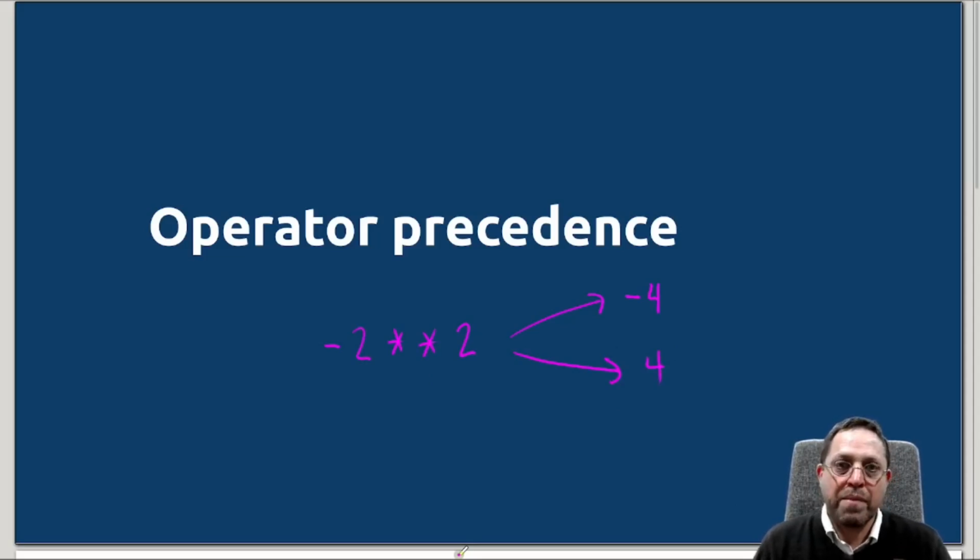You see, it makes a difference whether we evaluate the exponentiation before the negation or the negative before the exponentiation. So the order in which you evaluate the operators is called the operator precedence, and that's what we're going to review now.